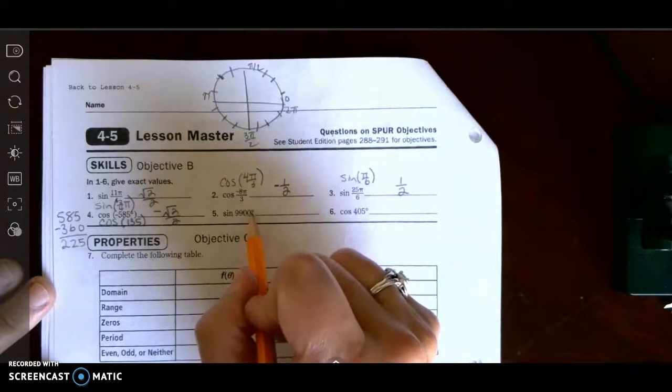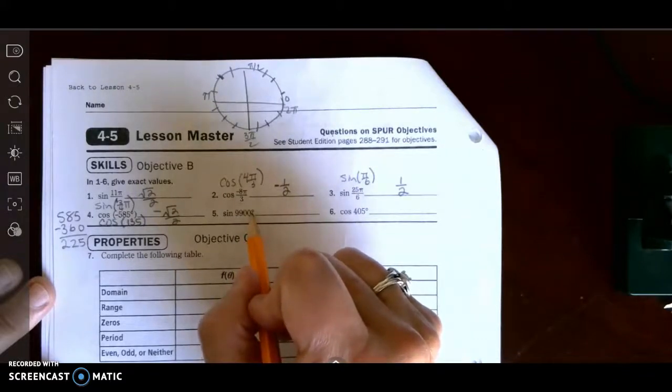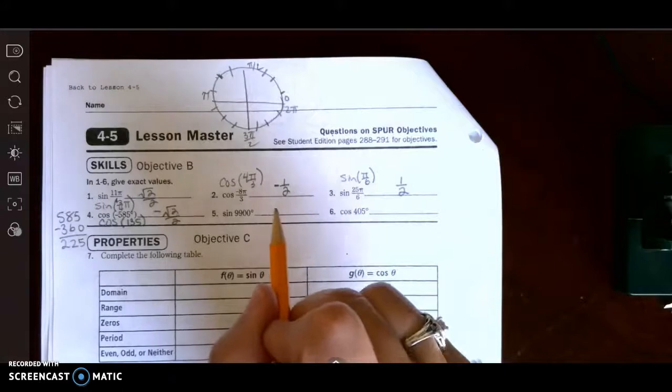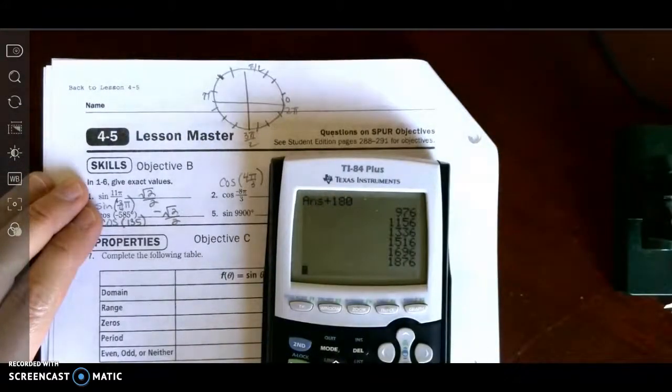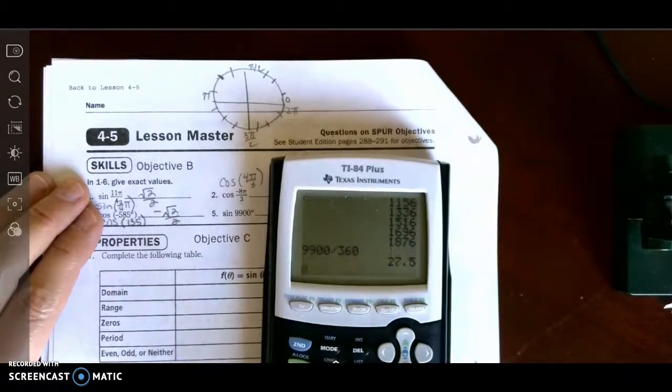9,900. Okay, let's see how many 360s go into 9,900. So I'm going to do on my calculator 9,900 divided by 360. I get 27.5 revolutions.